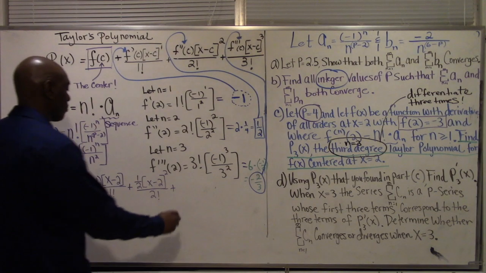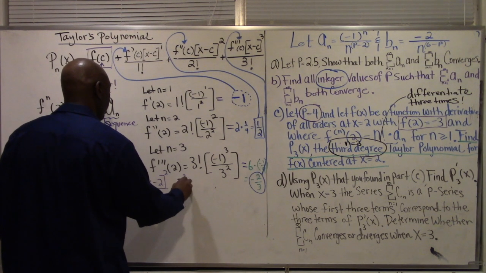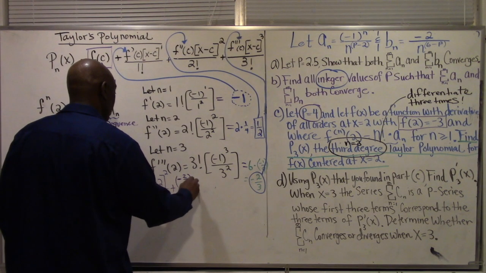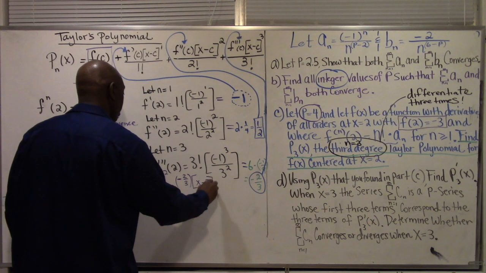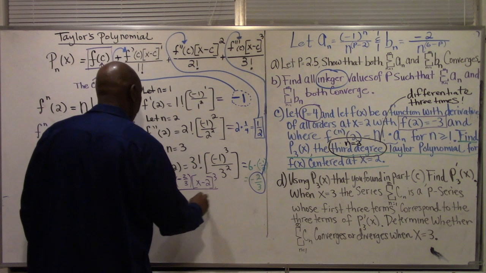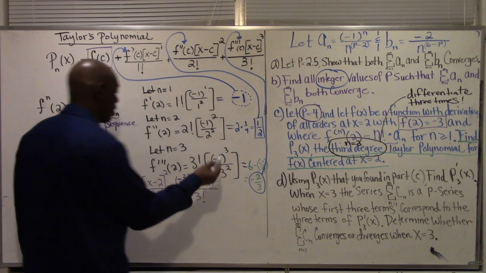Plus negative 2/3 times x minus 2 cubed, all over 3 factorial. There you go.